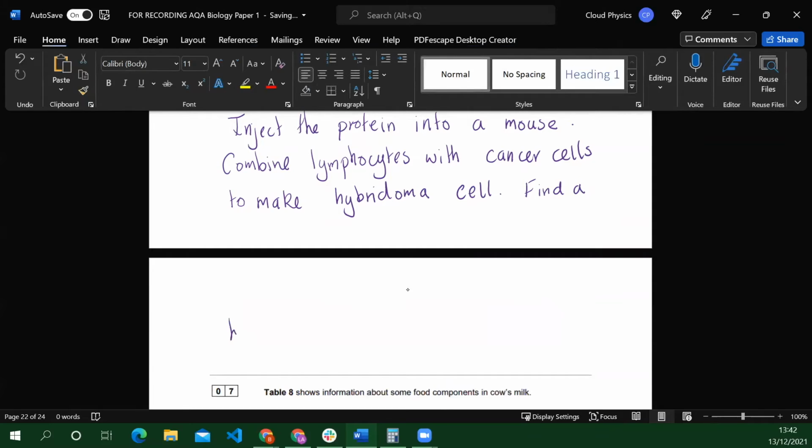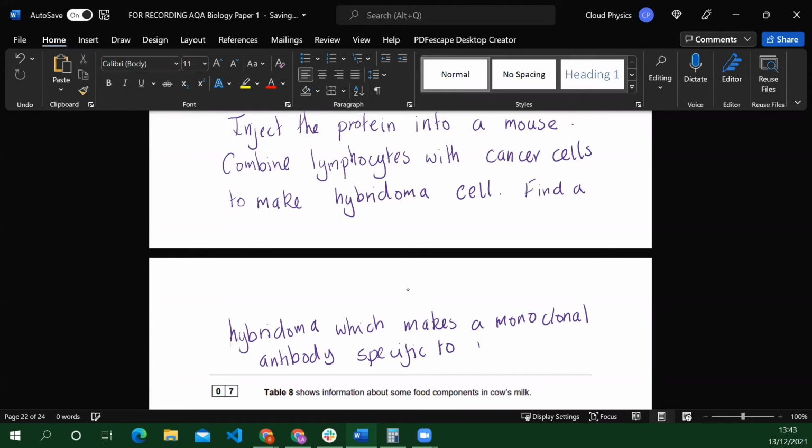Right, find a hybridoma which makes a monoclonal antibody specific to PVY.